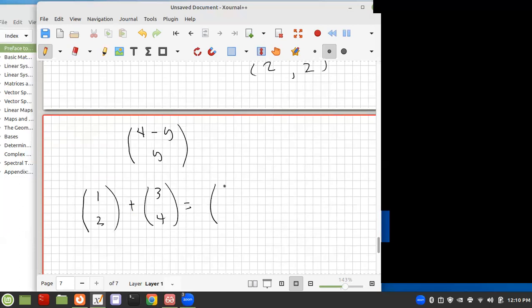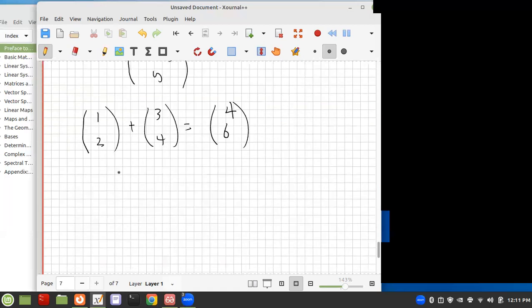So 1 plus 3 is 4. 2 plus 4 is 6. Okay? So that's how we can add the vectors. We can also multiply vectors by a number. So for example, 5 times 1, 2 equals 5 times the first number is 5. 5 times the second number is 10.